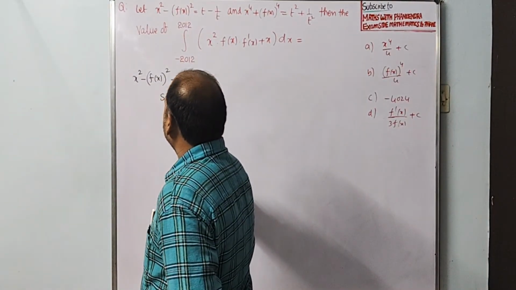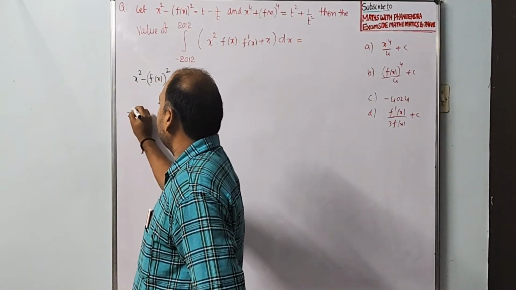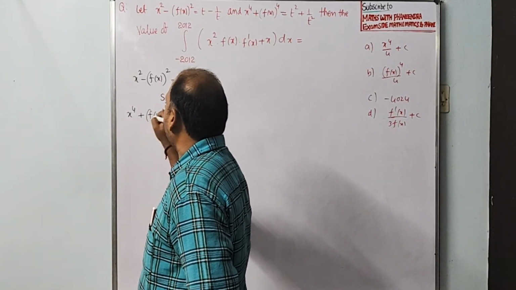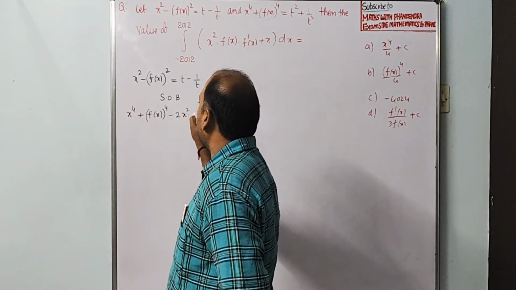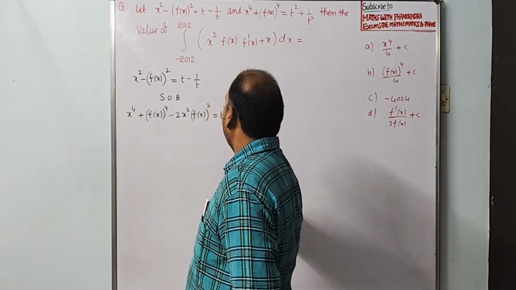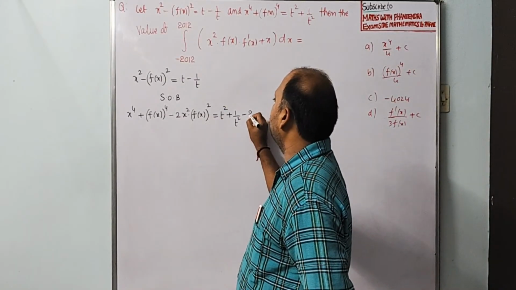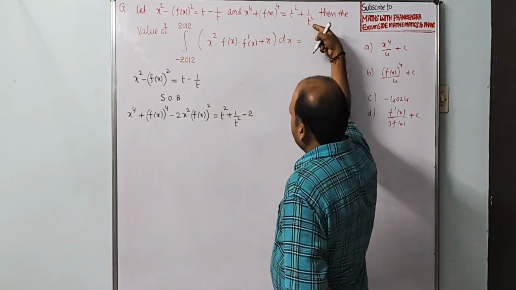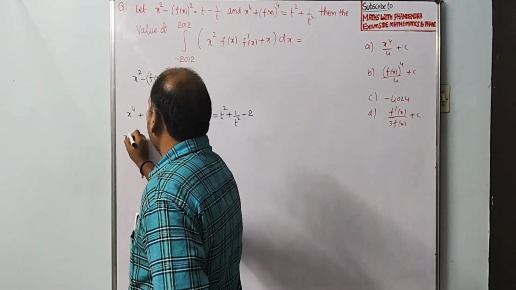Squaring on both sides, a minus b whole square expansion: x power 4, f of x whole power 4 becomes whole square minus 2 into x square into f of x whole square is equal to t square plus 1 by t square minus 2.